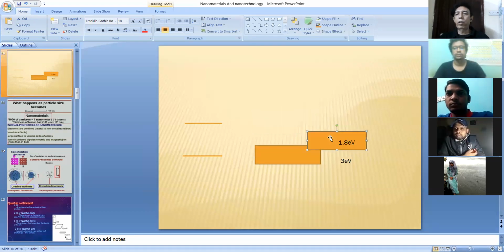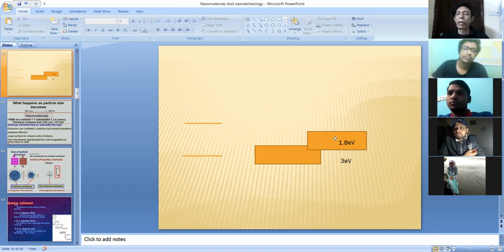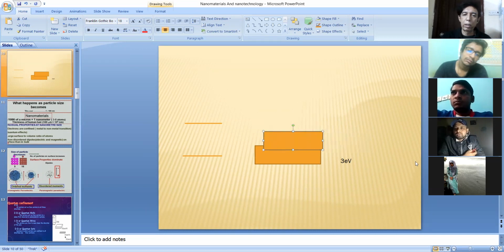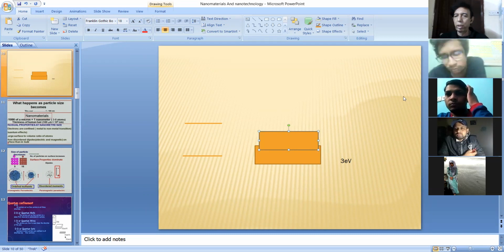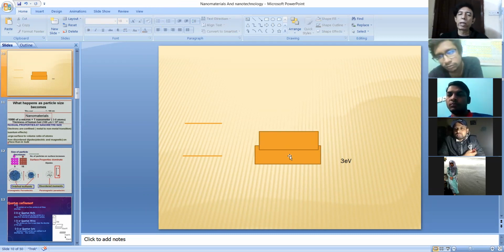So for metal, there is no band gap. I can bring it here. In metal, an electron can move from here to here easily, without accepting energy, because there is no band gap. Now, what will happen in the nanoscale?